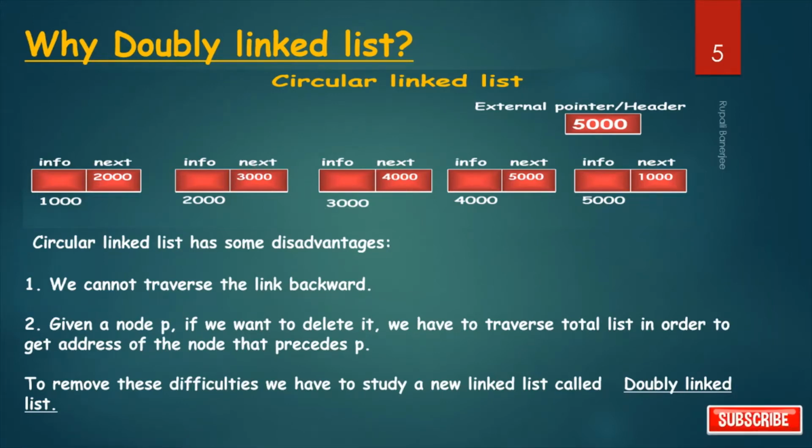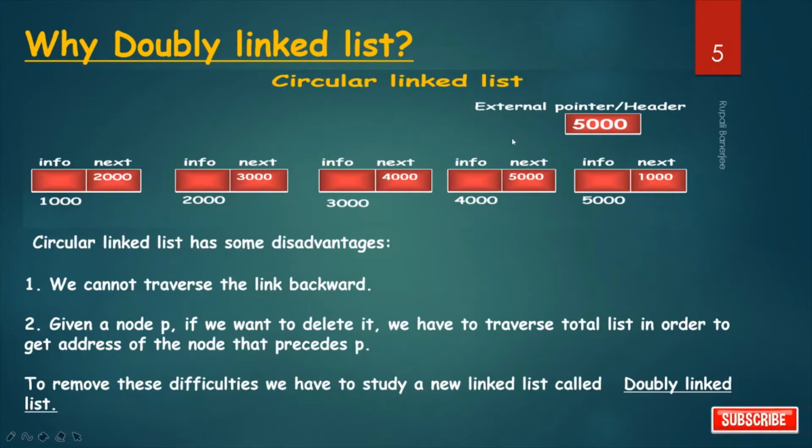Given a node P, if we want to delete it, we have to traverse the total list in order to get the address of the node that precedes P. Say I want to delete this node, the node address is 3000, that is P. Now after deletion of this node, the next part of 2000 should be this 4000 because I delete this node. But how can I get the address 2000?